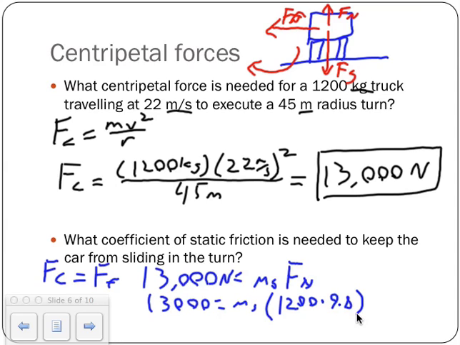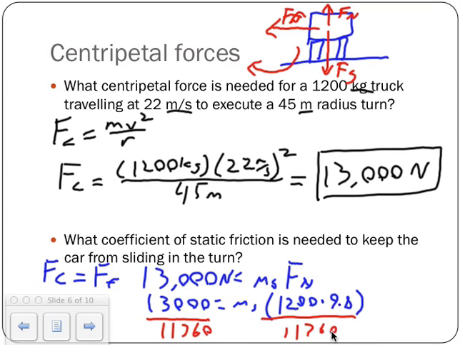And so 1,200 times 9.8 is 11,760. So we're going to divide both sides by 11,760.